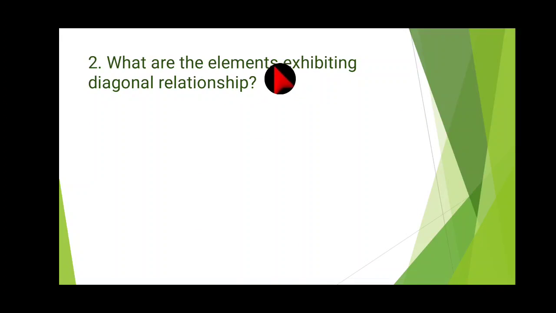Now, what are the elements exhibiting diagonal relationship? It is very, very important, a 2 mark question. Diagonal relationship means what? The second period elements: lithium, beryllium, boron, carbon.